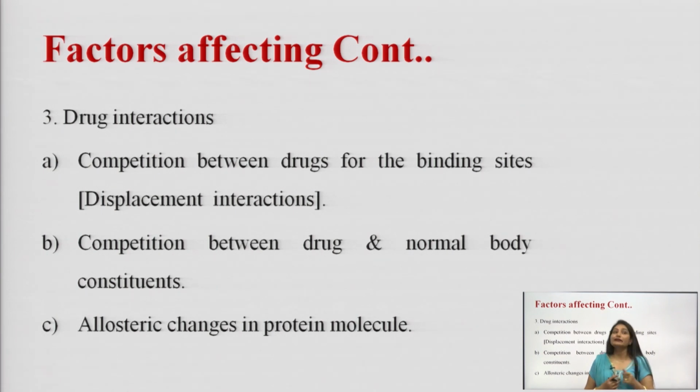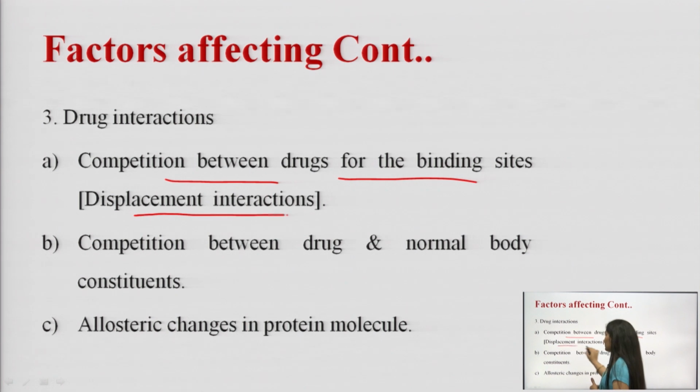Next is the drug interactions. Drug interaction includes three factors. One is competition between the drugs for the binding site. See, there are a specific number of binding sites, and suppose 2 or 3 types of drugs are available for binding to the sites. There can be a competition between the drugs to bind that particular site, and this results in the displacement interaction.